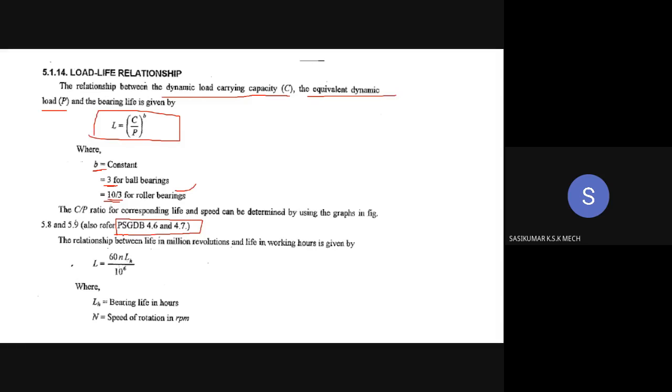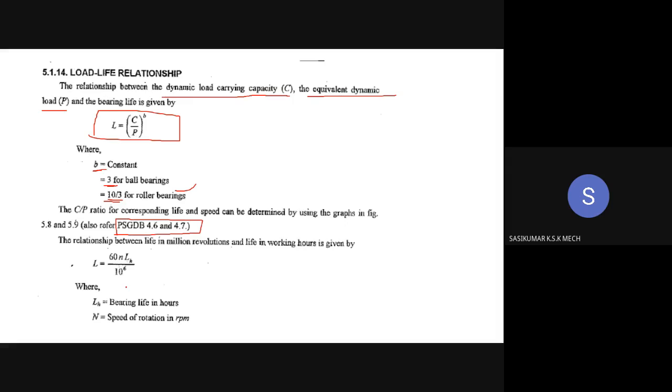Okay, and the next relation is this. Since we cannot have the number of revolutions as a definite one, all bearings are expected to be rotating up to say 1 million revolutions. 1 million revolutions in the sense say 10 lakh cycles.